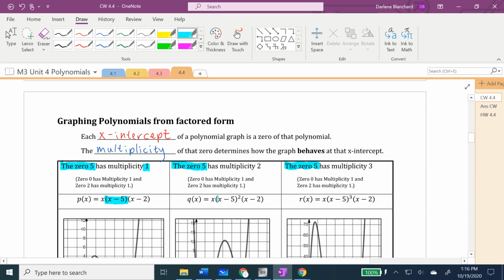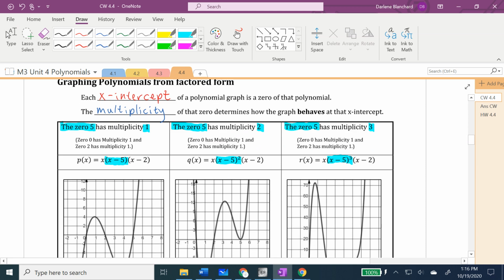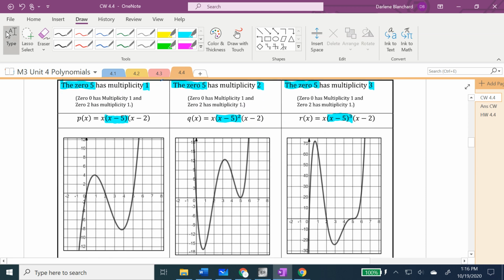For q, the second one, I have a multiplicity of 2. And for r, the third one, I have a multiplicity of 3 for the 0, x equals 5. And we're going to look at these graphs. I'm circling x equals 5, and I want you to take a really good look at the 3 of them.